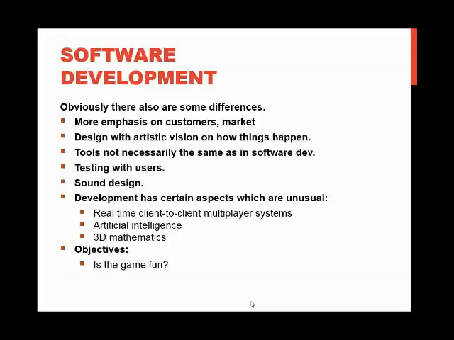Also, something like 3D mathematics, artificial intelligence, real-time client-to-client multiplayer systems, these are more or less unusual features in applications. So the programming tasks are not always something that's really simple to do or something that's really common in the application industry.